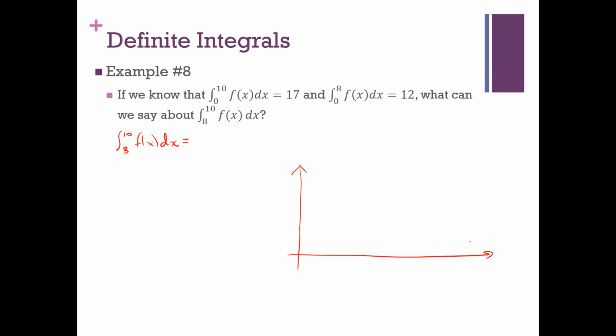So I'm going from 0 to 10. So what do I know this big area is right here? 17, right? What other areas do I know?